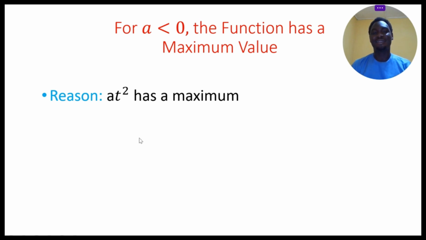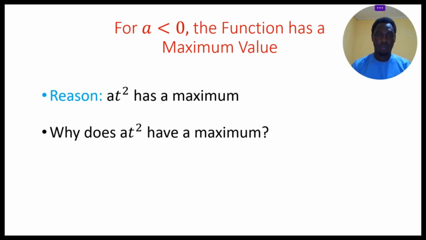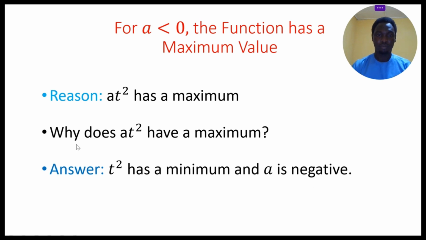But why does at squared have a maximum value, you may ask? At squared has a maximum value because t squared has a minimum value and a is negative. We illustrate with an example.